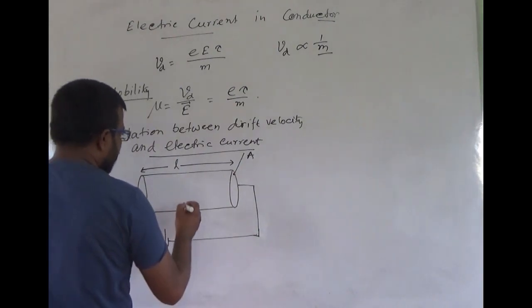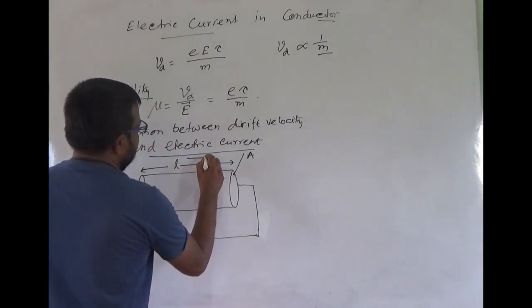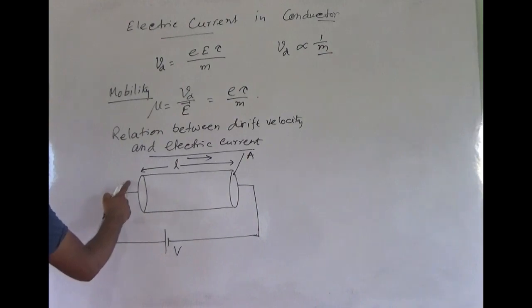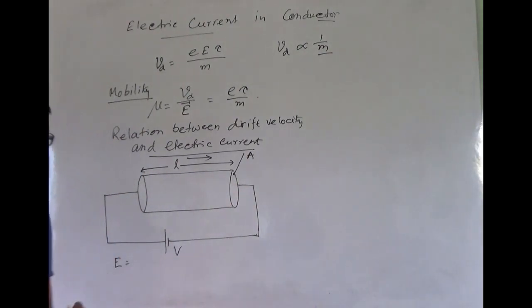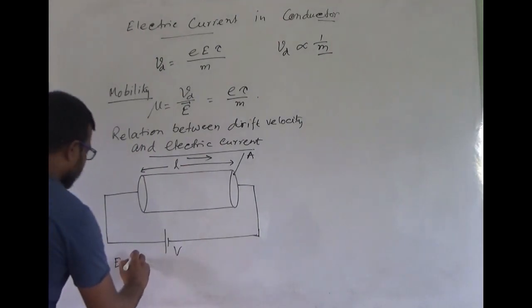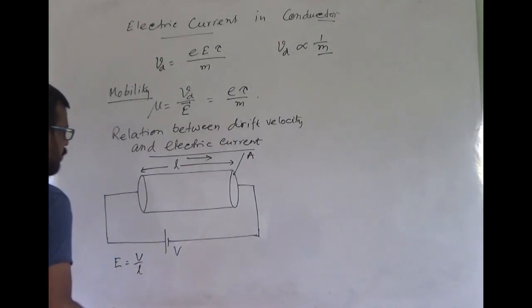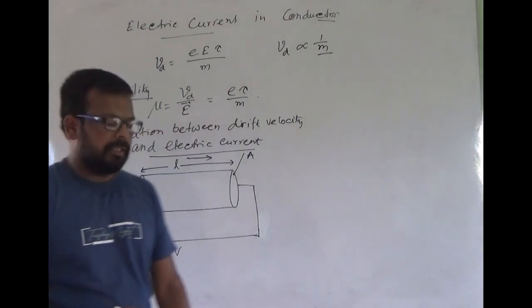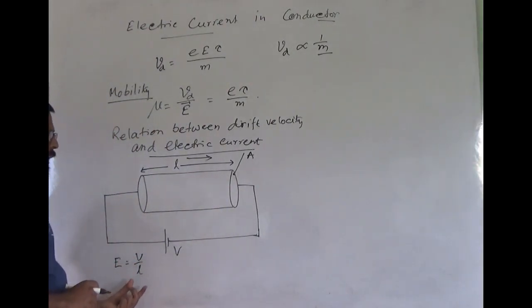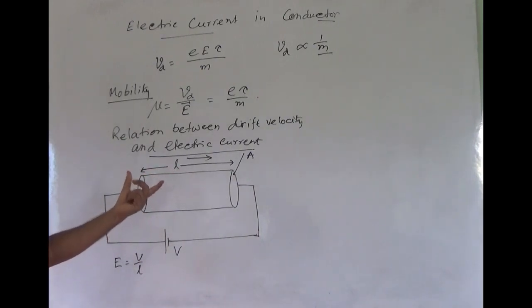Therefore, the applied electric field is in a direction from higher potential to lower potential, and the intensity of the electric field is V by L. We know from electrostatics E is equal to dV/dx. Therefore, E equals V by L, the applied electric field.